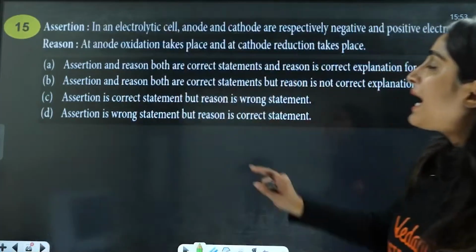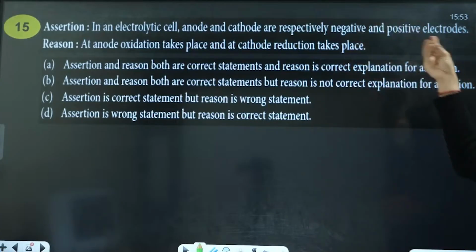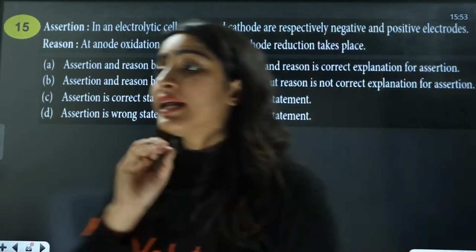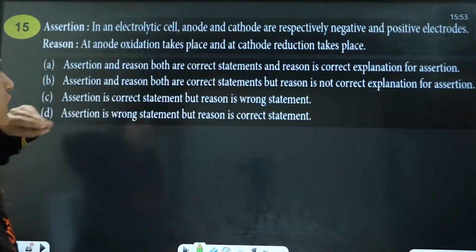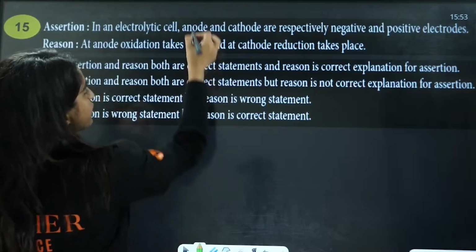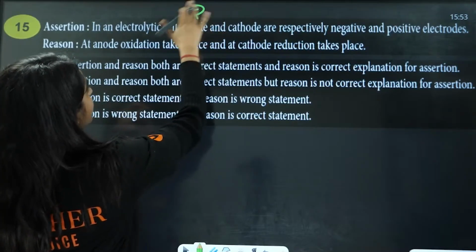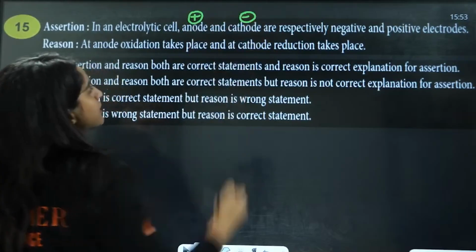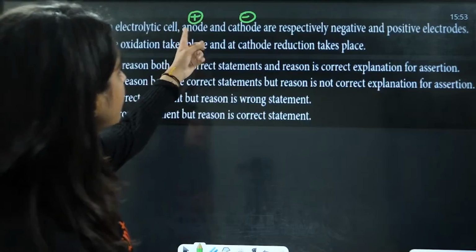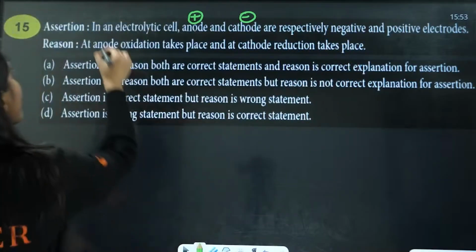Next we have: in an electrolytic cell, anode and cathode are respectively negative and positive electrodes. Is it? Anode is the positive electrode in an electrolytic cell, and this is the negative electrode. They are saying anode is negative and cathode is positive.